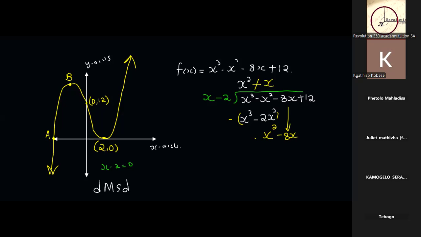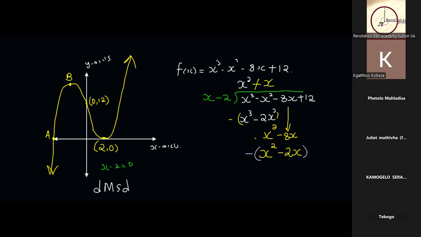You write it there. Then you say positive times negative is negative. So you're going to get negative 2x. Then after that, now you're going to subtract. So as you subtract, you put them in brackets. So x squared minus x squared is 0, we all know.